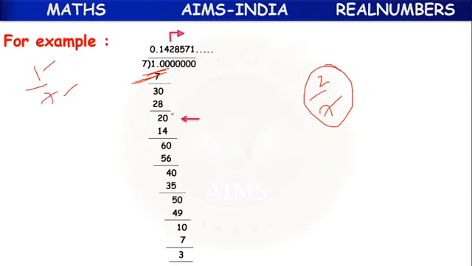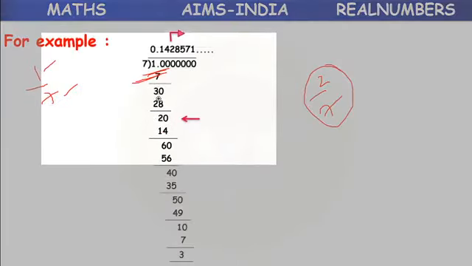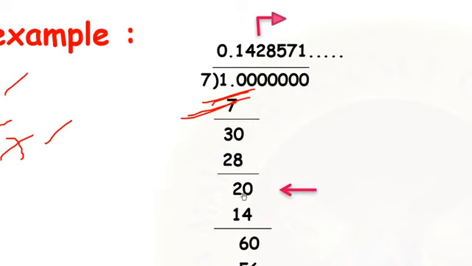So children, here where is 20? In the division part of 1 by 7, please listen carefully, we have 20 here.